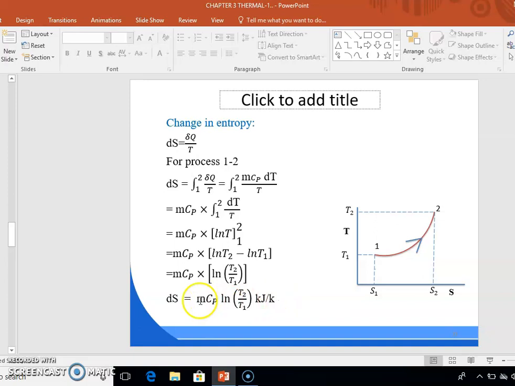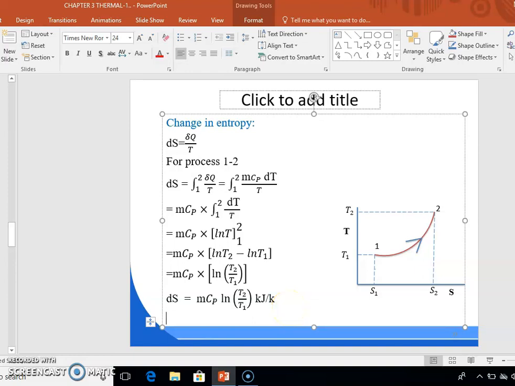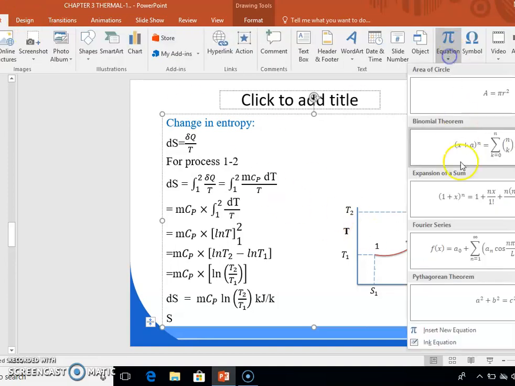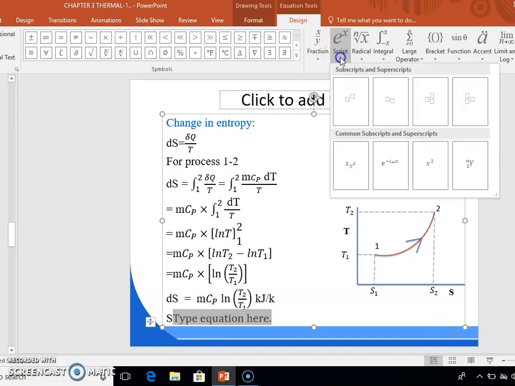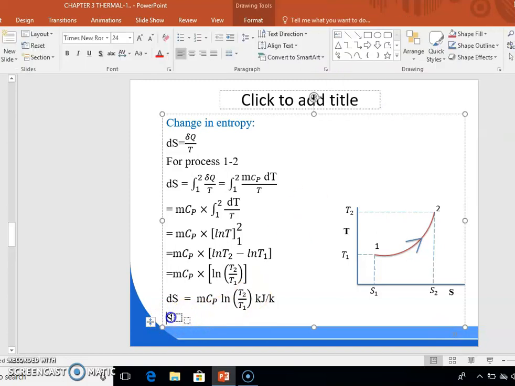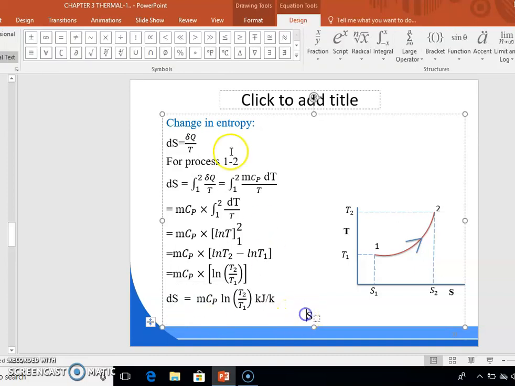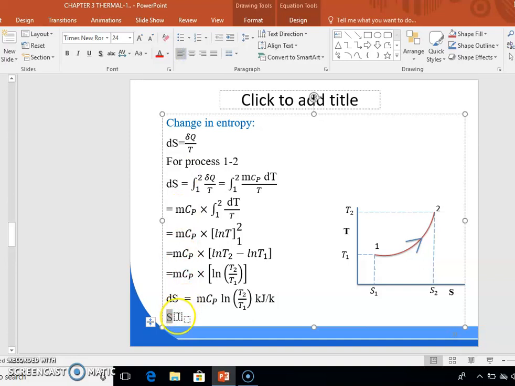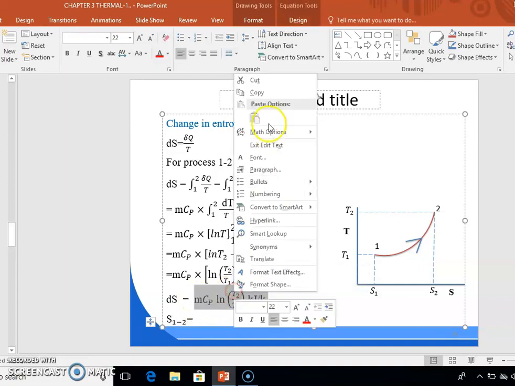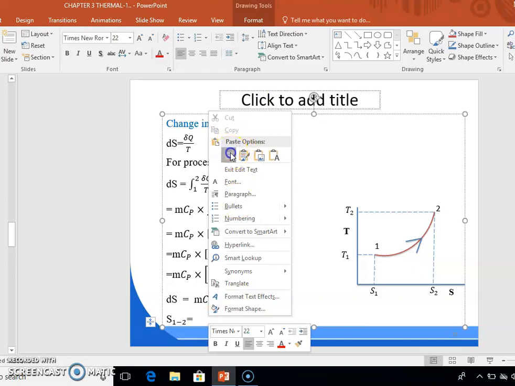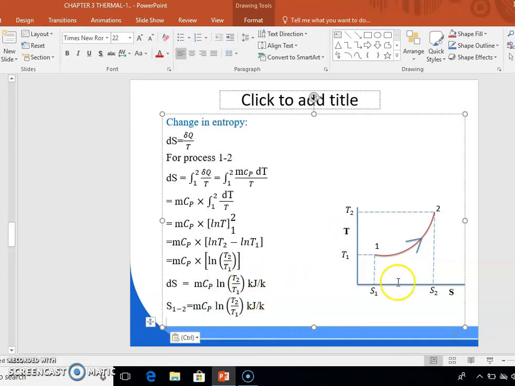So I can write S of 1 to 2 for the process is equal to mCp ln (T2 by T1) kilojoule per kg Kelvin.